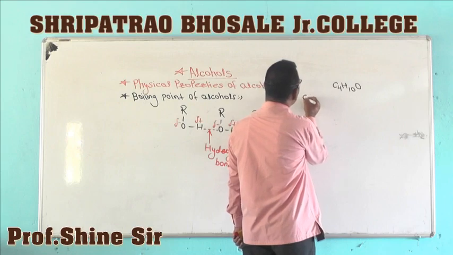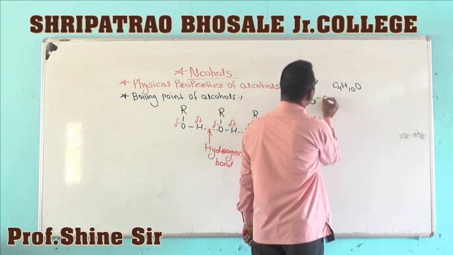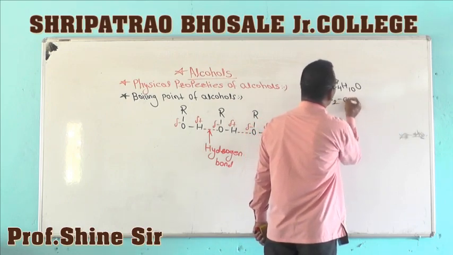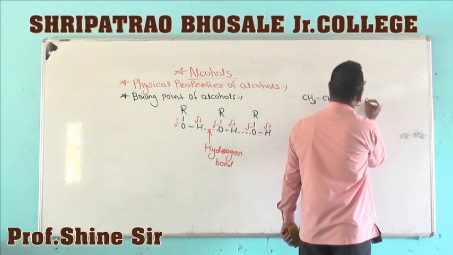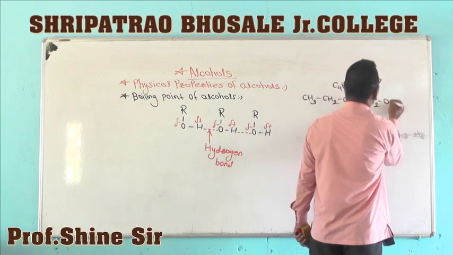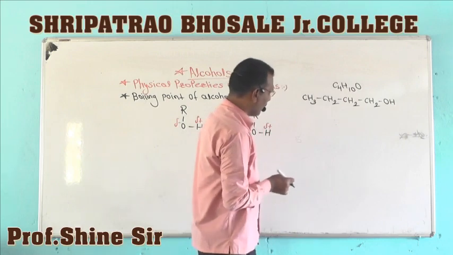One isomer, for example, is N-butyl alcohol, that is C4.